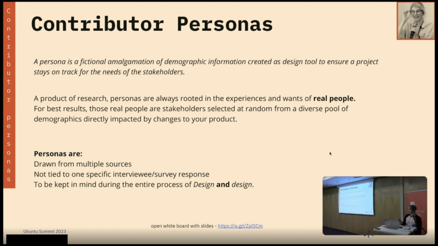So these personas we've written ourselves are rooted in the experiences and wants of real people. They're best created when selected at random from a diverse pool of demographics of people that you understand things about. So personas are drawn from multiple sources, not tied to a specific person, and kept in mind during the entire design process. So the capital D research and the lowercase d GUI, UI, visual side of things, it's really useful to keep these in mind.